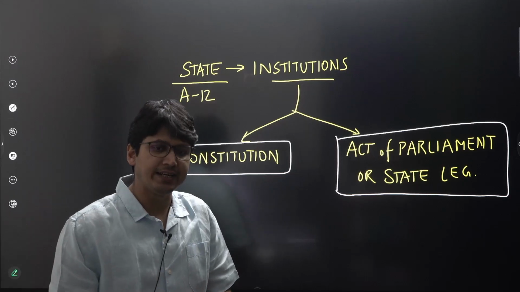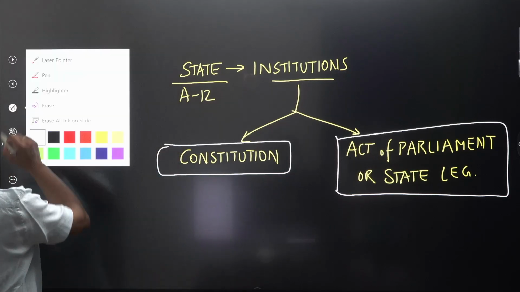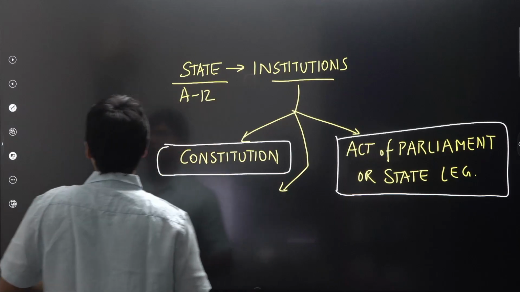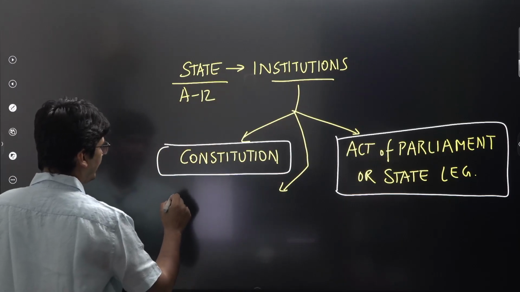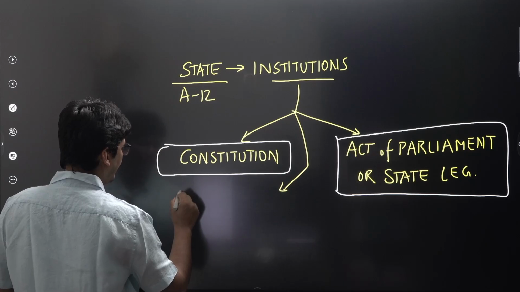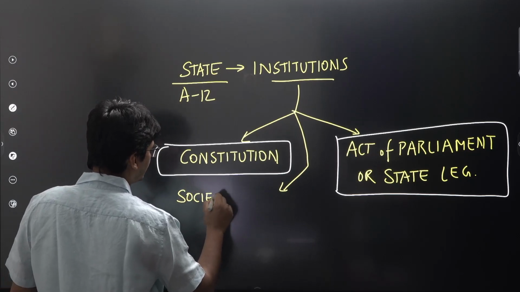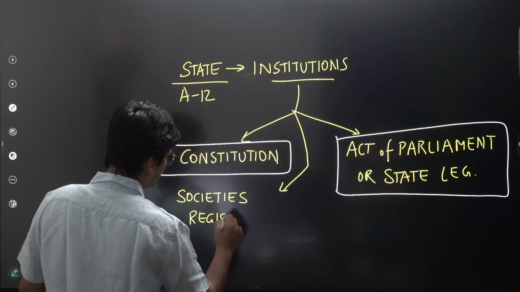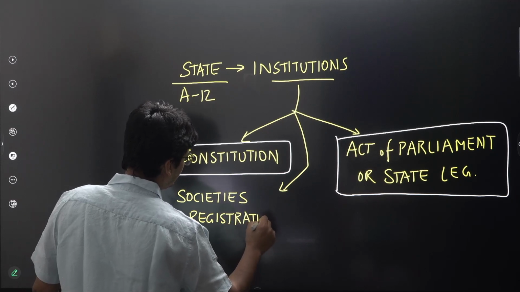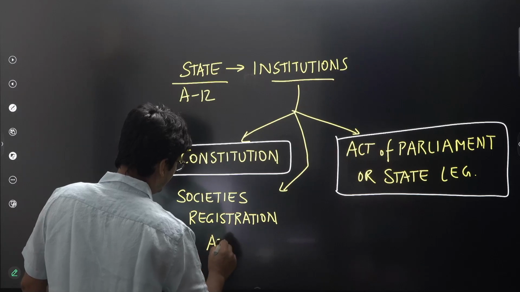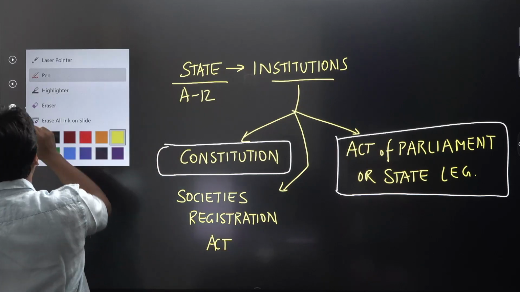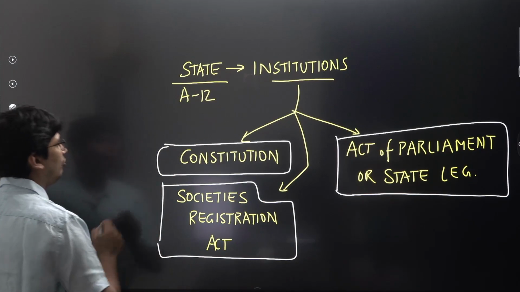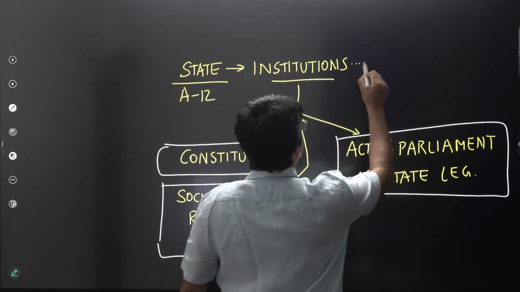But later this understanding changed and it also included a third category. The third category was that if an institution is constituted under Societies Registration Act, so these are the three criteria used to understand how are institutions created.